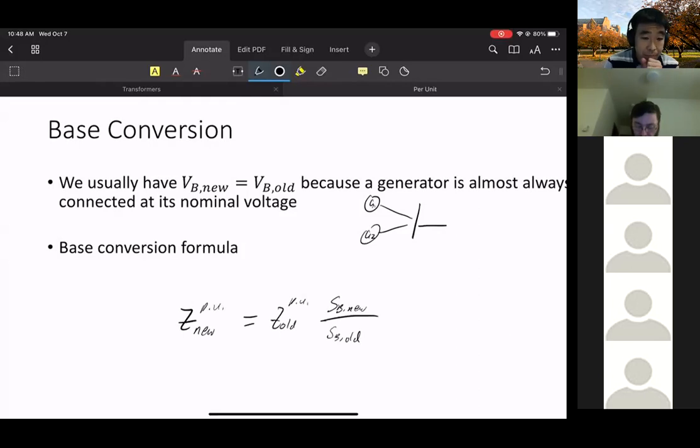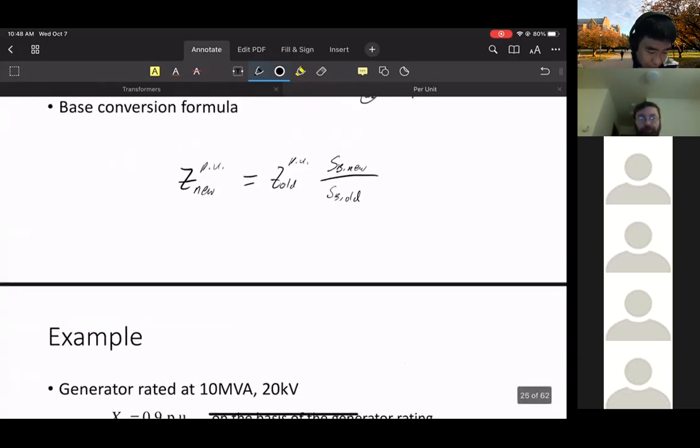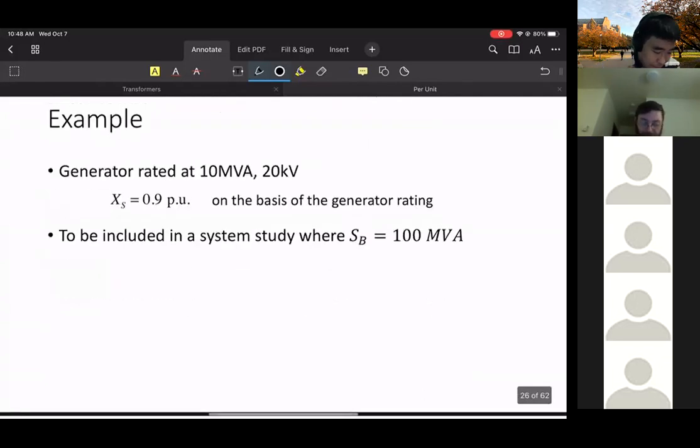Okay, so let's do an example. After seeing all the formulas, let's do an example. Let's say I have some generator, and the generator is rated at 10 MVA, 20 kilovolts, and I have some synchronous reactance of 0.9 per unit. But I connect this to a larger system, and the larger system has a base power of 100 MVA, right?